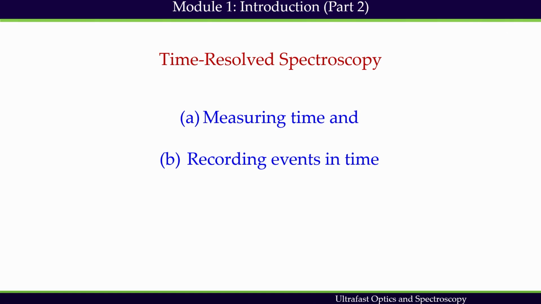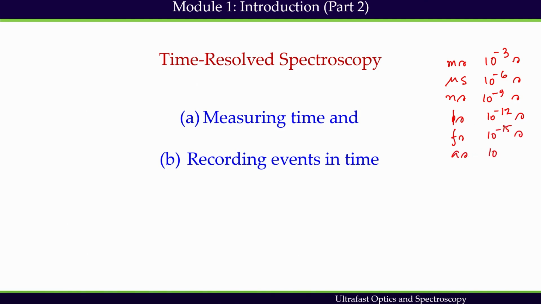So, these are the different time scales we are introducing: millisecond, 10 to the power minus 3 second, microsecond, 10 to the power minus 6 second, nanosecond, 10 to the power minus 9 second, picosecond, 10 to the power minus 12 second, femtosecond, 10 to the power minus 15 second, and attosecond, 10 to the power minus 18 second.